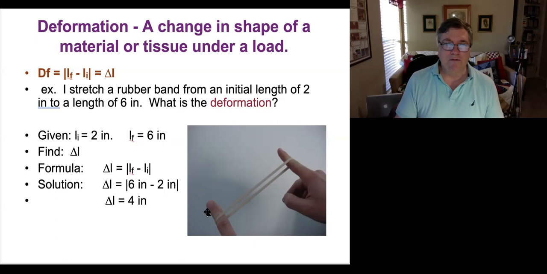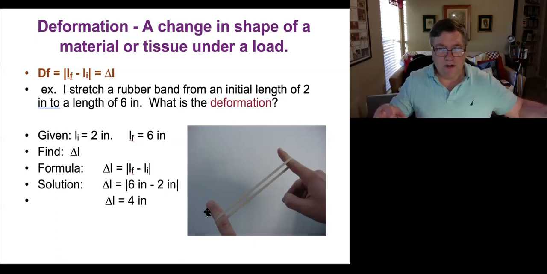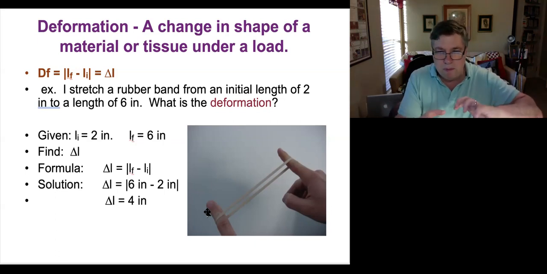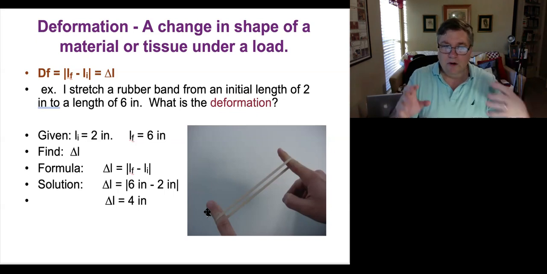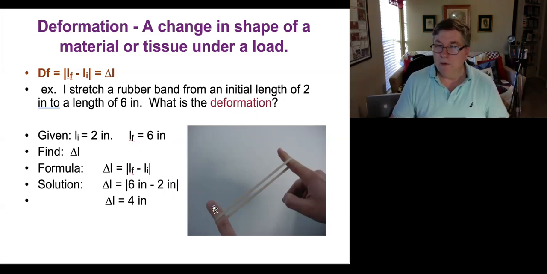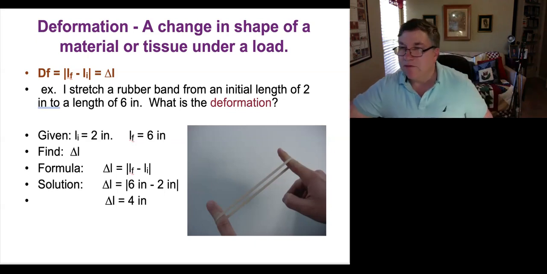The farther we stretch or compress or bend or twist something, the greater the amount of deformation. And we've shown previously that this change in shape or deformation can be useful when we're talking about impulse and controlling or reducing the amount of impact force.